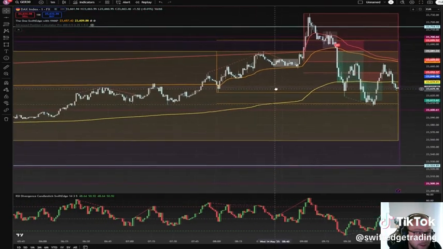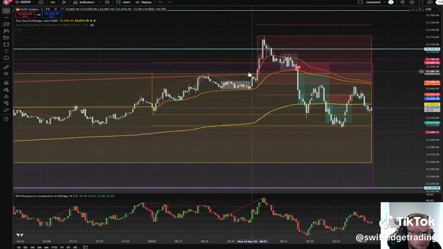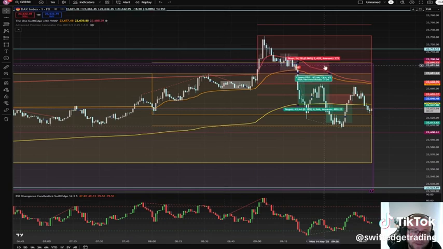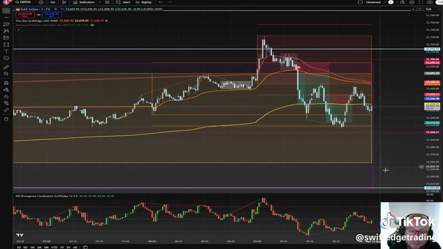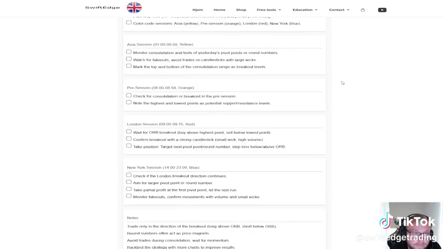Let's see here. On the actual chart we're so close to having tested yesterday's high. If Asia hits it exactly, there is an 88% chance that the market would go downwards. Just a statistic to keep in mind when you're trading.